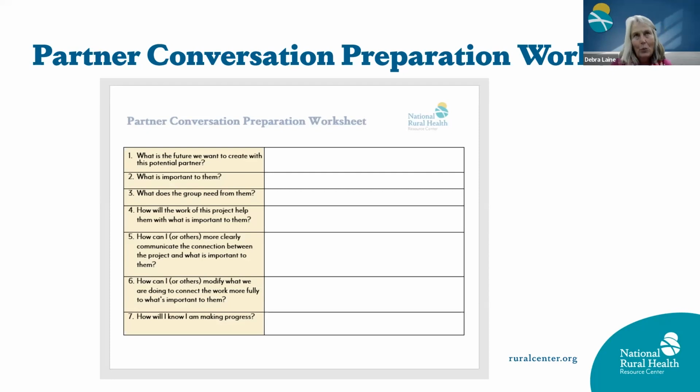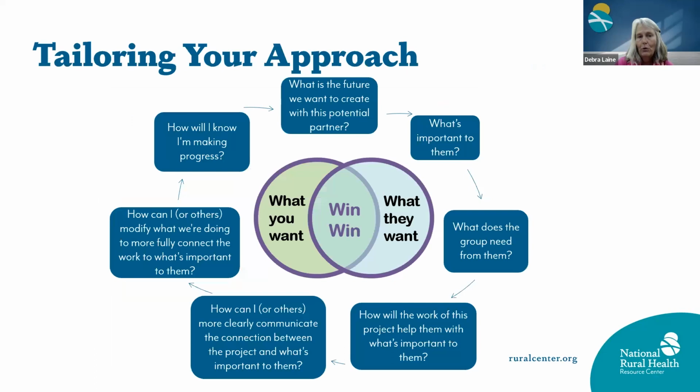So when you're getting ready to talk with a partner, this is something that's there to help you. And again, these will all be attached to the recording, so you'll be able to access them. You'll need to do an individual one like this for each person that you're going to be asking to be part of your effort. This will take time, but upfront, the time is really worth it.